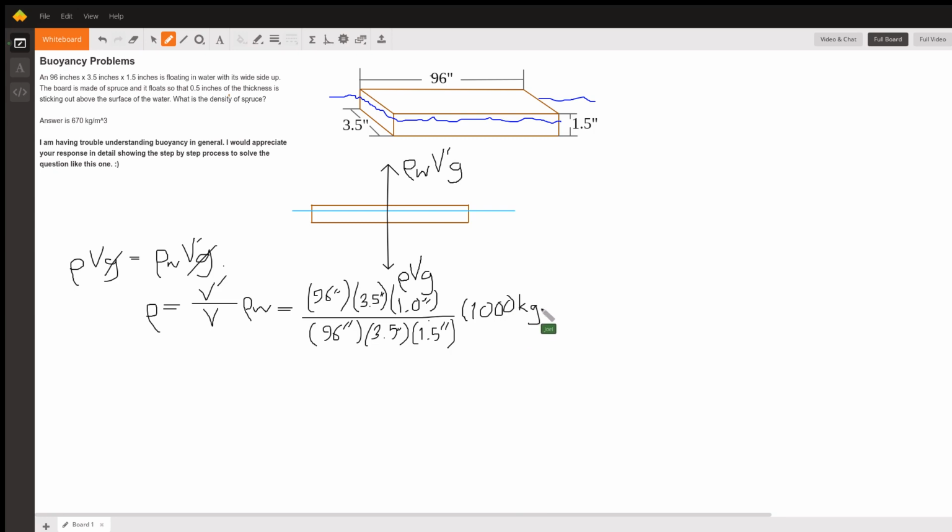I think it might technically be more like 997, but often you'll see people use about 1,000 kilograms per meter cubed. As I was saying, these parts cancel out, and ultimately what you're left with is 1 over 1.5, which is 1 over 3/2, which is 2/3. So in fact, this is 2/3 of 1,000.